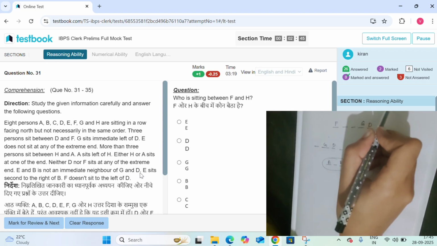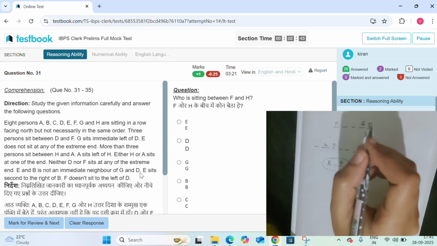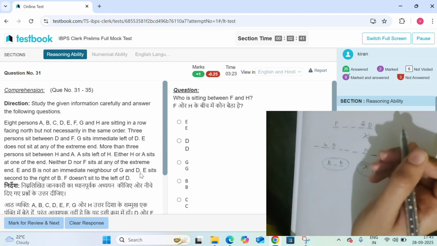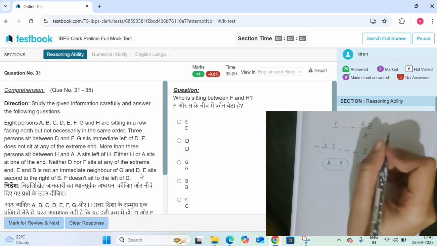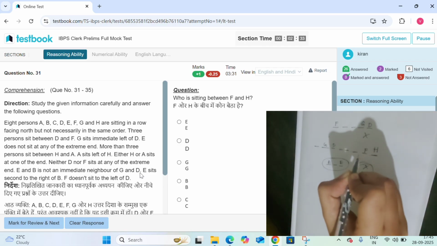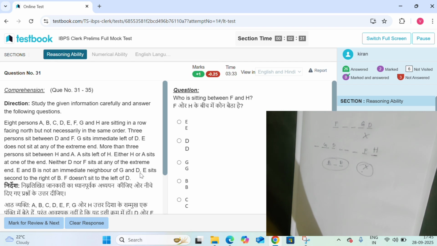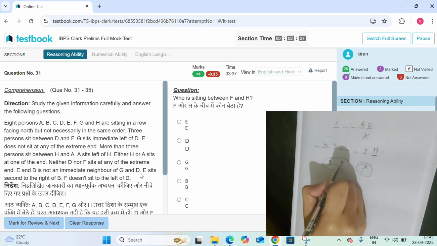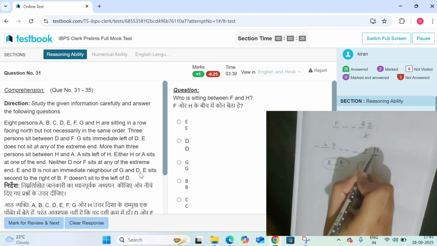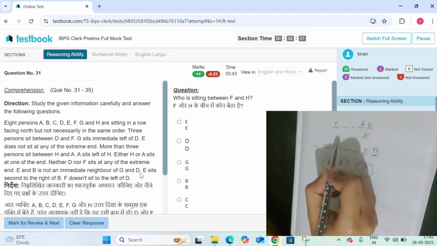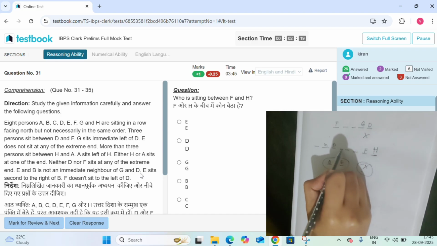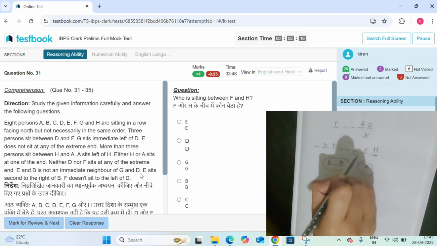A sits left of H. One of them, A sits left of H. Okay, that means this should be H. E, F. B, 1 to E, F, H. This is not B or E. That means B is not possible.